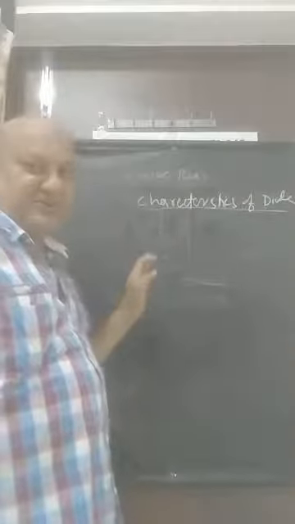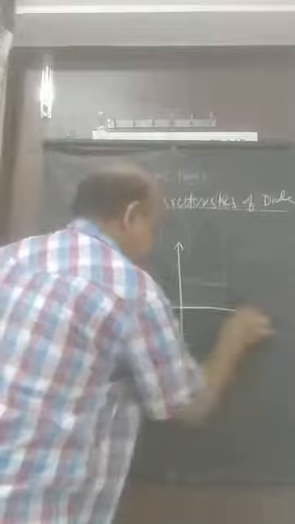So next is the characteristics of the diode. This is also important as far as the other topics to be learned. So here we will see the voltage and the current.